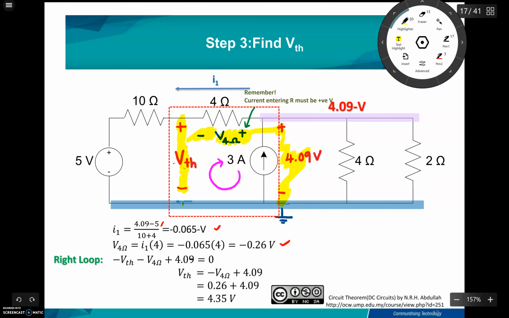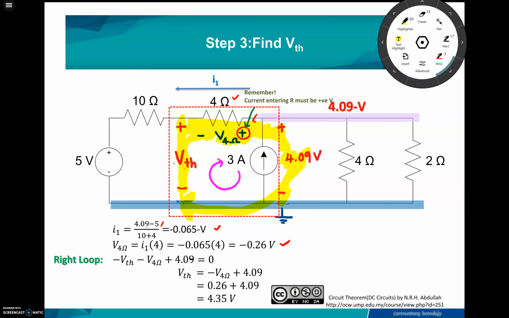You can see that the voltage loop flows in this direction until the end. Make sure that you select the correct polarity for the 4 ohm, because we assume that the current exits the node. It means that the current enters the 4 ohm resistor, and then the polarity will be plus and minus.